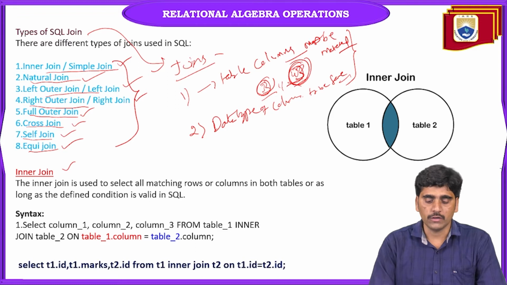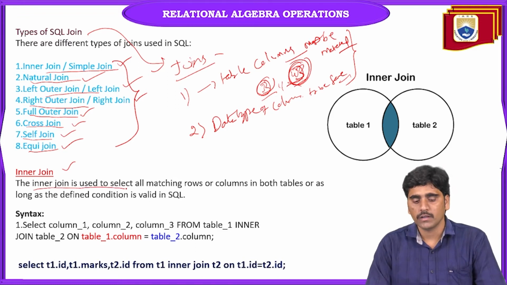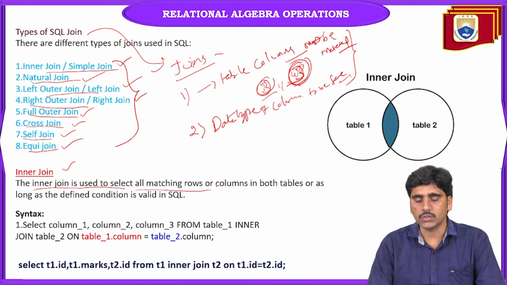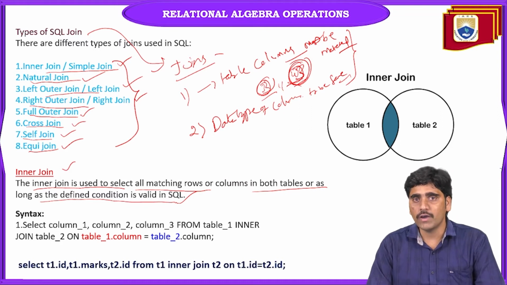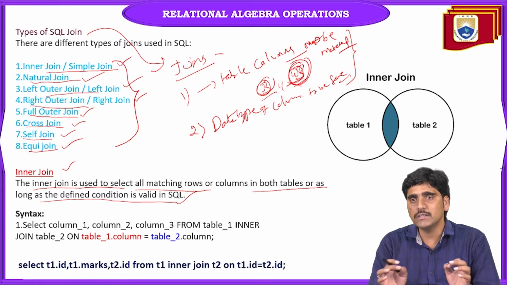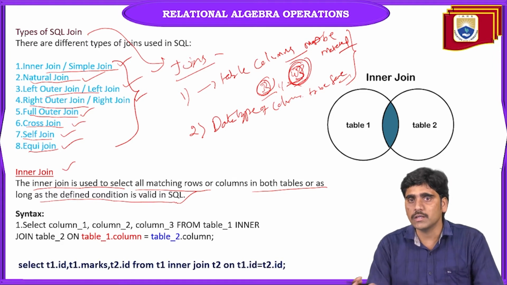Look here. The inner join is used to select all matching rows or columns in both tables, as long as the defined condition is valid in SQL. What it is saying is the common values, all matching rows and columns in both tables.